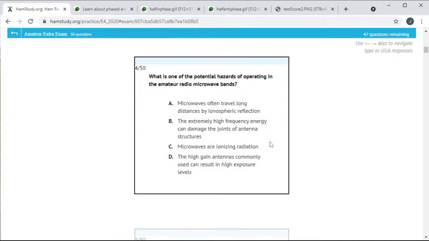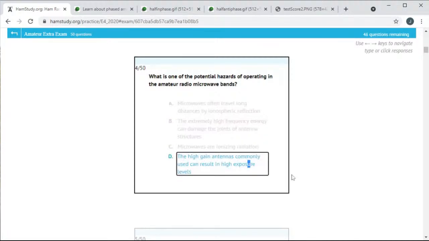B, the extremely high frequency energy can damage the joints of antenna structures. I don't think so. But let's see what the other ones are. C, microwaves are ionizing radiation. D, the high gain antennas commonly used can result in high exposure levels, and D sounds right.